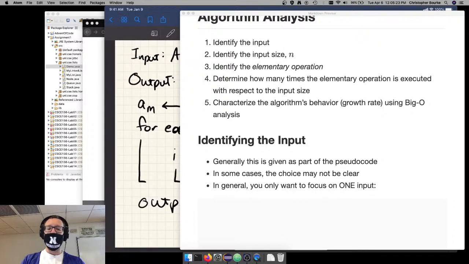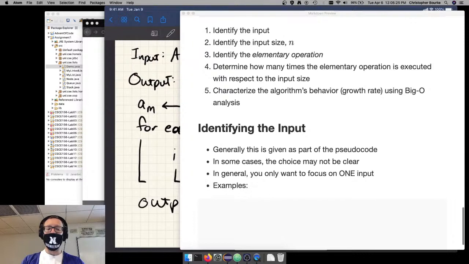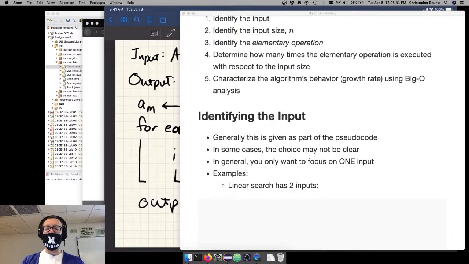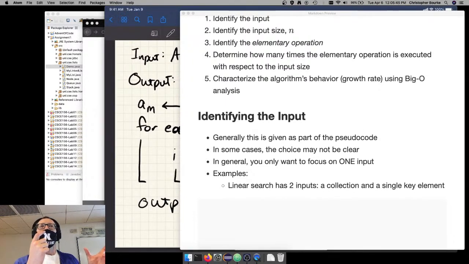So, examples. For example, linear search has 2 inputs, a collection and a single key element. Which one should we focus on there? Which one makes more sense? Which one grows? So I want to do a linear search on an array or a collection of 1 million elements, and I want to search it for the element 5.